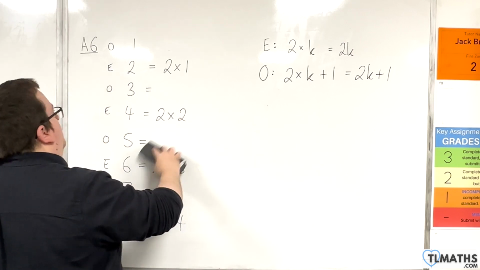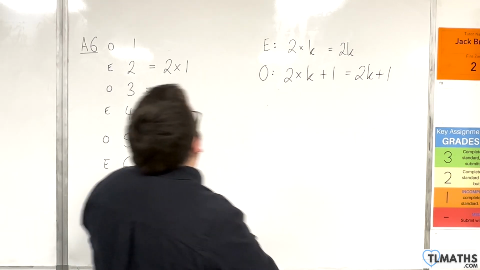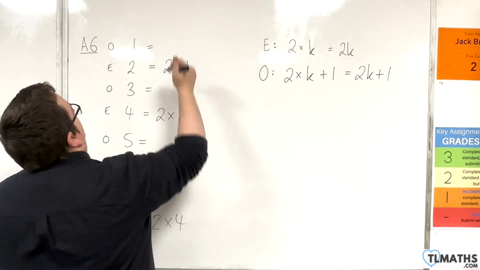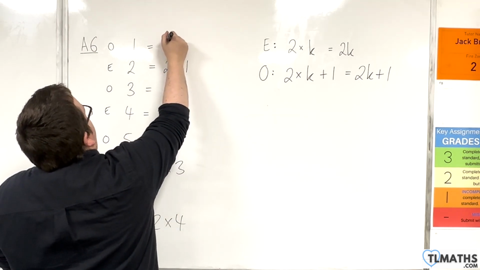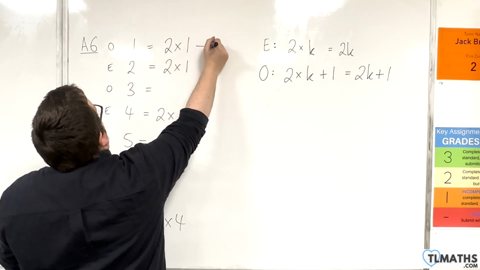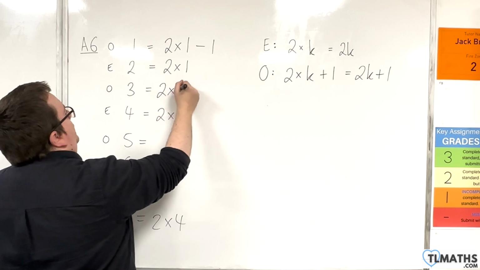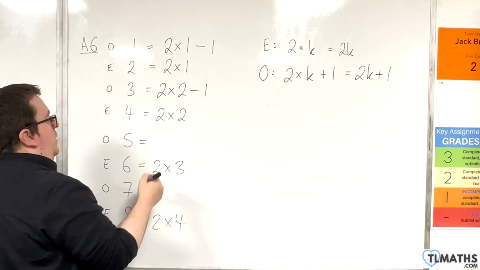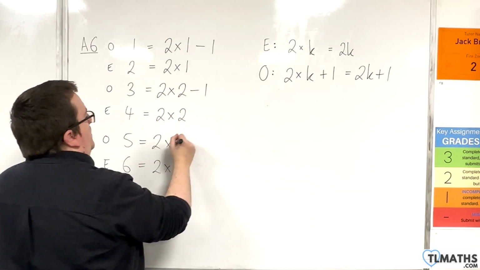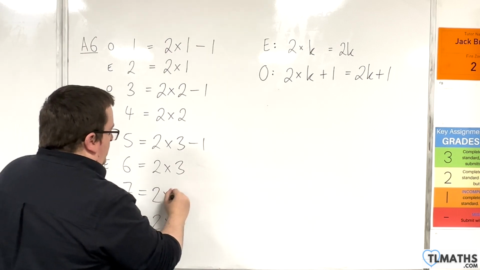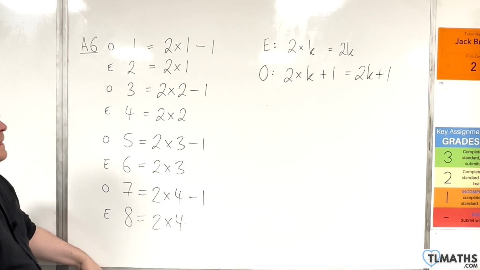Okay, so focusing on what we were looking at last time, we could write this as the next term along, take away 1. Or 3 as the next term along, take away 1. Or 5 as the next term along, take away 1. Or 7 as the next term along, take away 1.